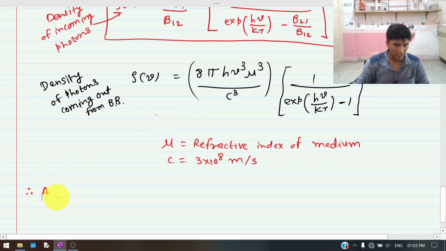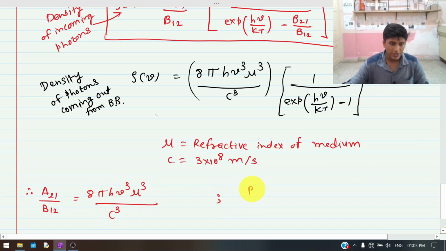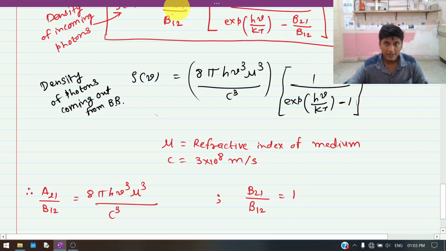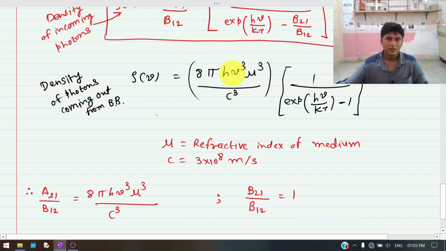First ratio is A21 over B12, it is equal to 8 pi h mu cube over c cube, and the second ratio is B21 over B12, it is equal to 1. This is equal to 1, and the other term is equal to the other term.